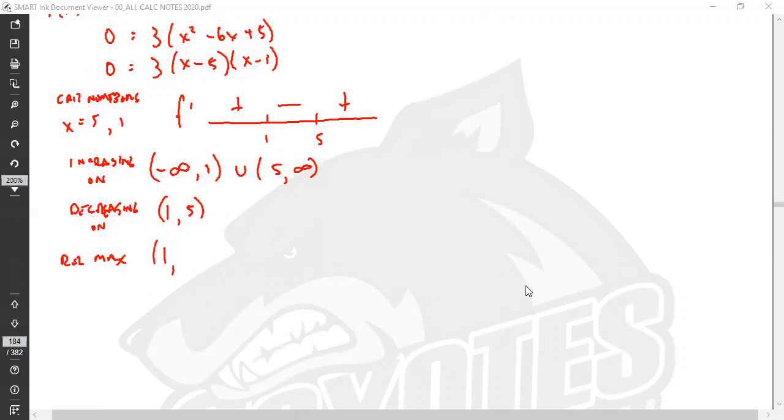So at 1, we stuff 1 back into our original function, and f at 1 gives us 2. We have a relative minimum where it's decreasing and then increasing. So at 5, we have a relative minimum. At 5, f at 5 is negative 30.